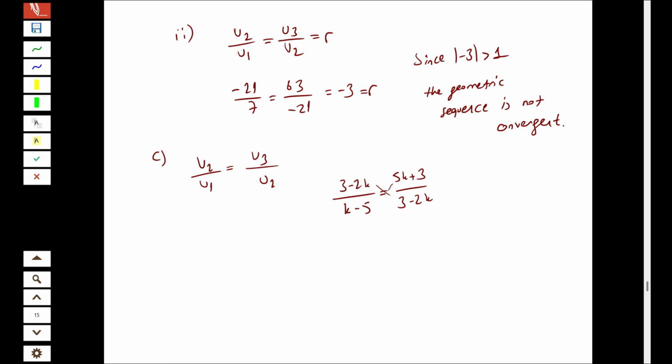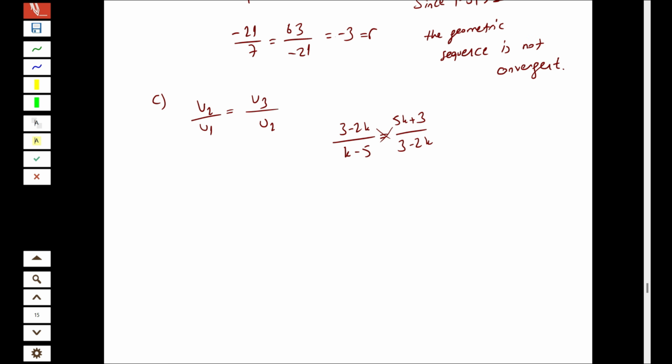From here, we can find an equation. When we cross multiply, we see 3 minus 2k squared equals 5k plus 3 times k minus 5, and the left side is going to be 4k squared minus 12k plus 9, right? The complete square of this expression.